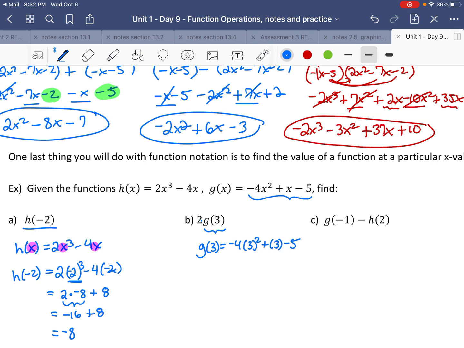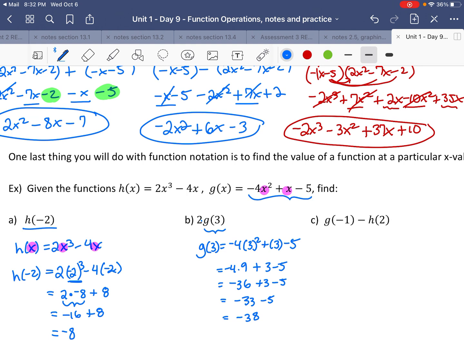I'm putting 3 in the place of this x and that x, right? So I would get negative 4 times 9, because 3 squared is 9, plus 3 minus 5. So I have negative 36 plus 3 minus 5. I should go left to right: negative 36 plus 3 is negative 33, then minus 5. So I end up getting negative 38.